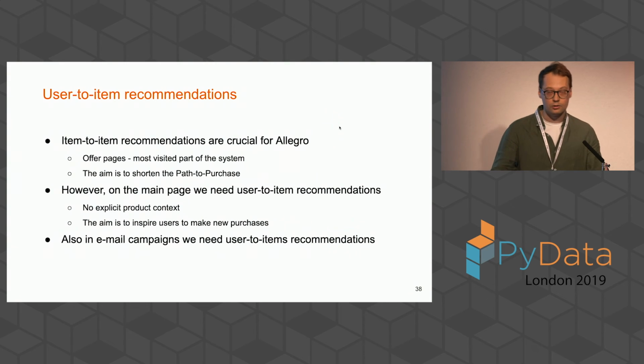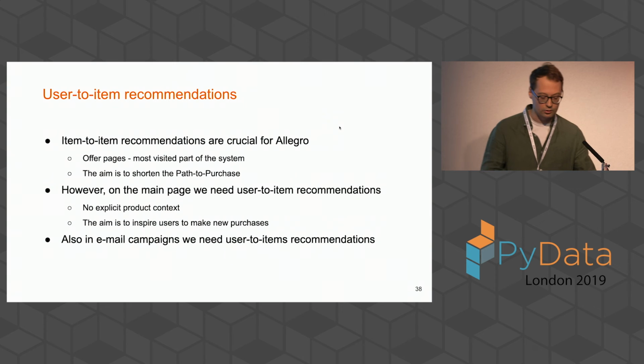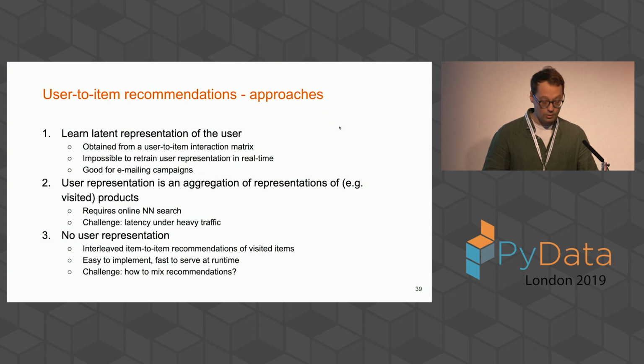Also, these user-to-item recommendations are applicable to email campaigns. So how can we obtain such user-to-item recommendations given our setup and our item vectors?